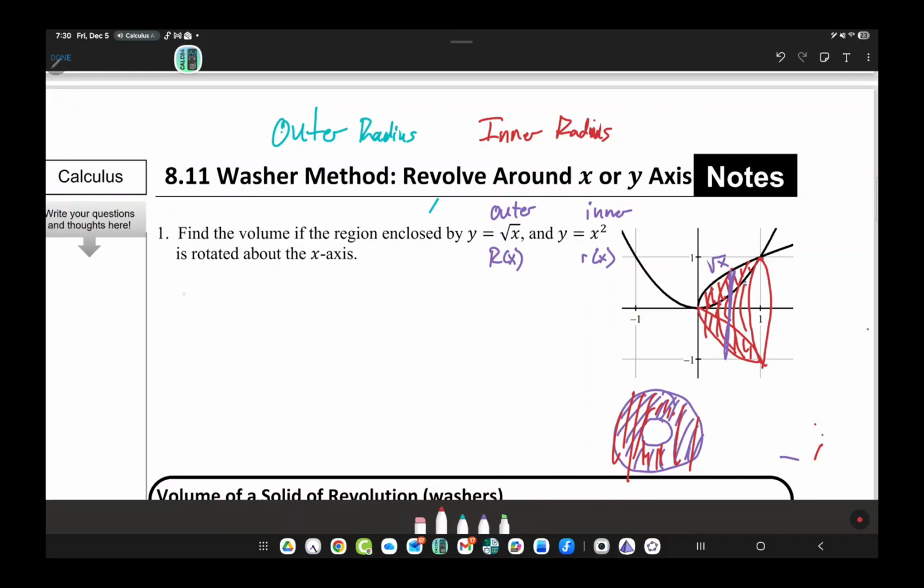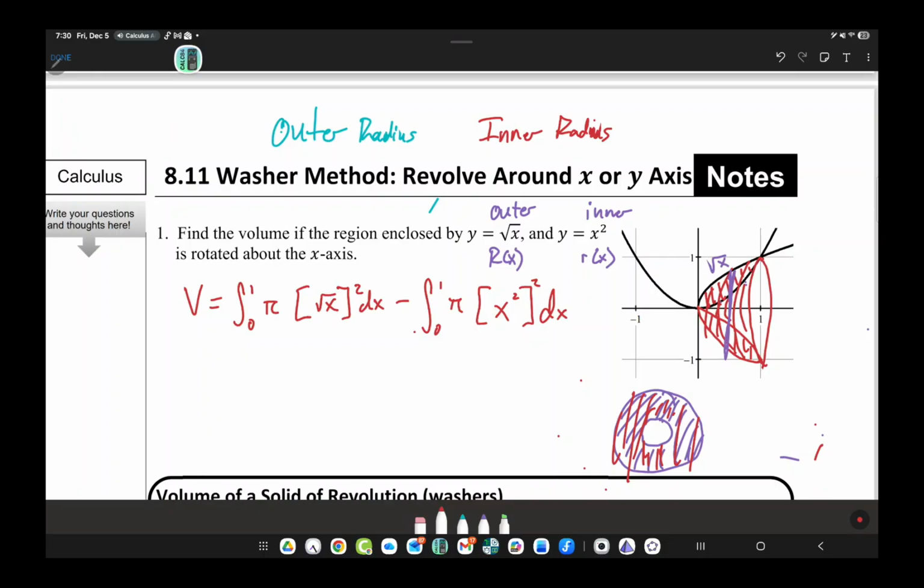So the volume is equal to, going from 0 to 1 on the x, the integral from 0 to 1 of pi times my outer radius, the square root of x, squared dx, minus the integral from 0 to 1 of pi times my inner radius, x squared dx.